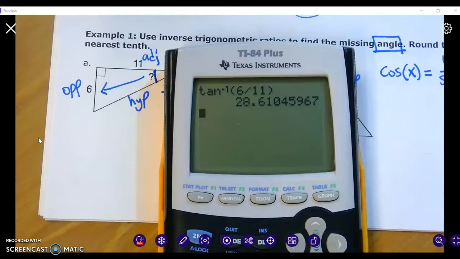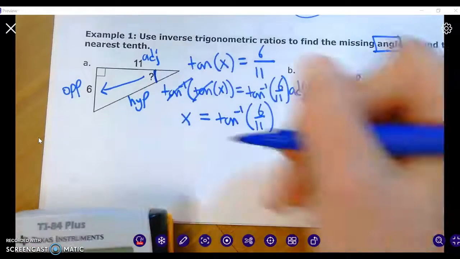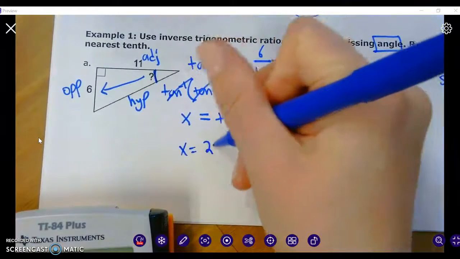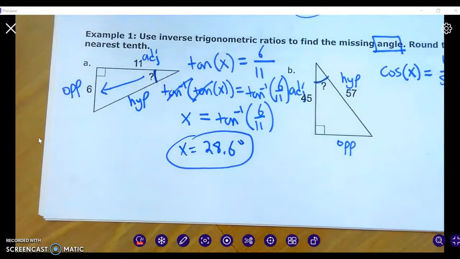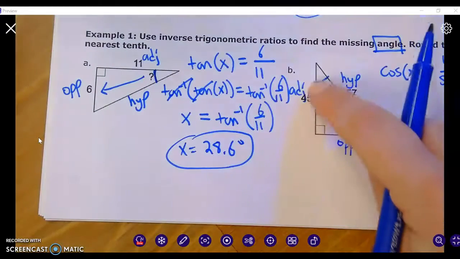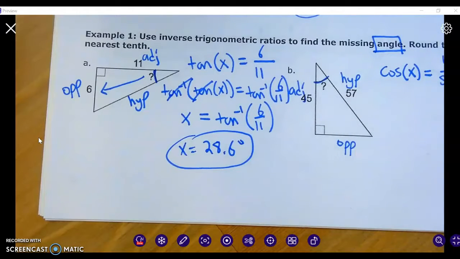Anyone not get this? Okay, so 28, let's round to the nearest tenth, 28.6 degrees. So it looks like a lot of work, but really you're mainly just using that calculator to find the answer.